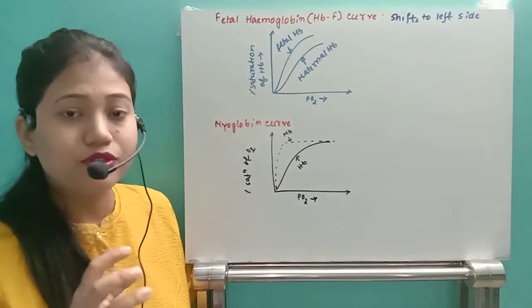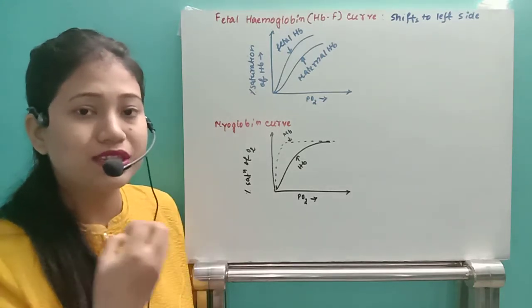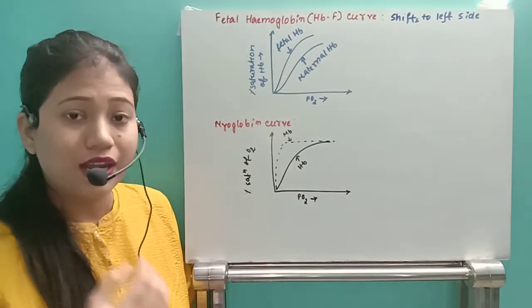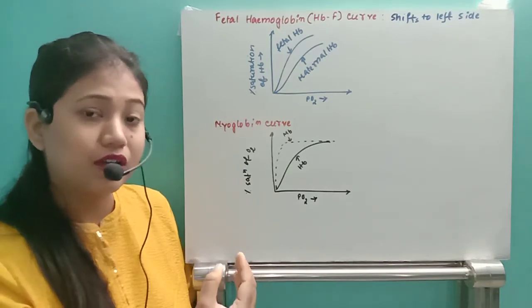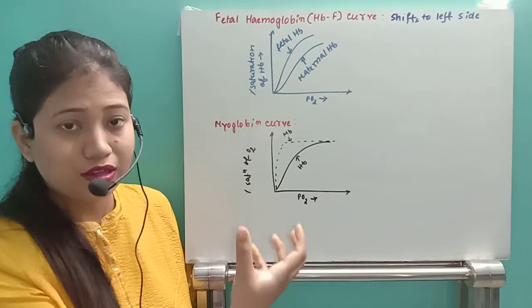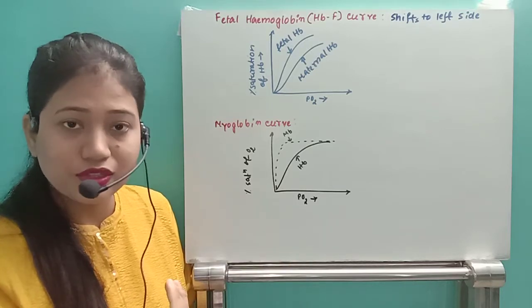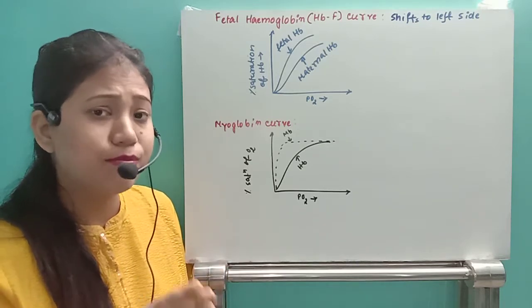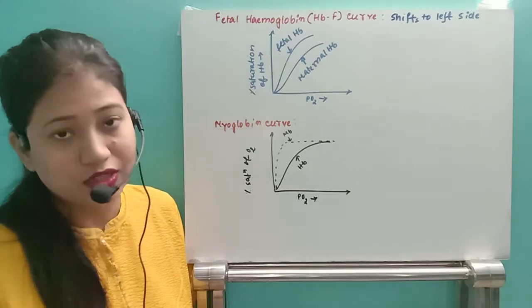Suppose the maternal hemoglobin is carrying the oxygen towards the site of the placenta, and the fetal hemoglobin is coming towards that region. If both the fetal and the maternal hemoglobin had the same affinity towards oxygen, then the oxygen could not be taken by the fetal hemoglobin.